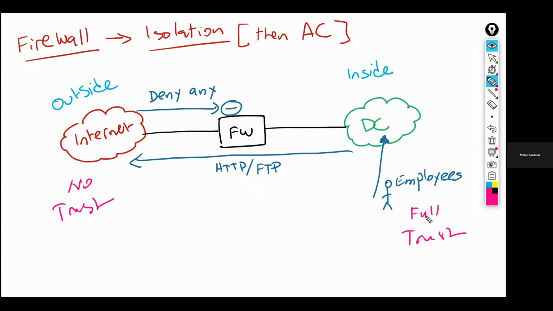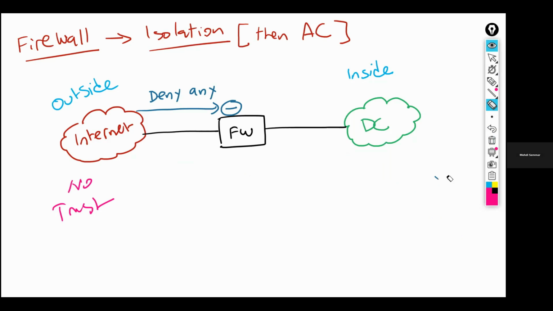Now, what if you want to make a specific application reachable from the internet? I mean, what if inside my data center, I have a Microsoft Exchange? Like the example you mentioned before, or Tufik mentioned before, you have Microsoft Exchange.